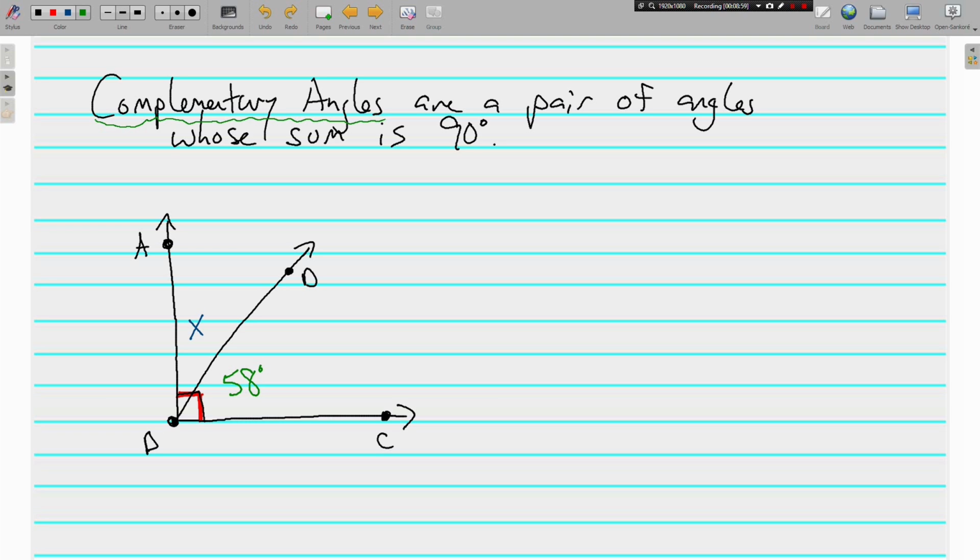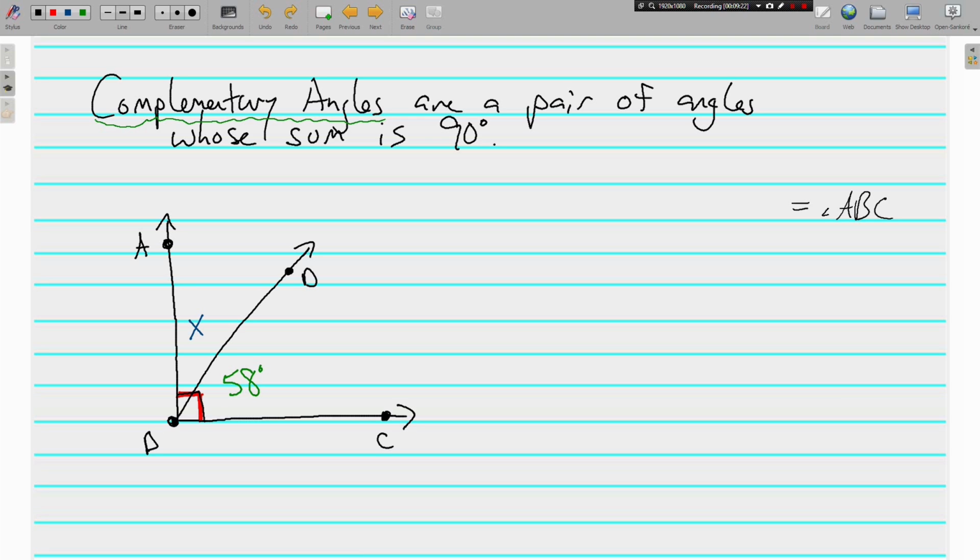When I look down here at this picture, I've got the right angle ABC. That's 90 degrees. I know it's 90 degrees because it's got the box in the corner. There are 2 angles that are making up angle ABC.